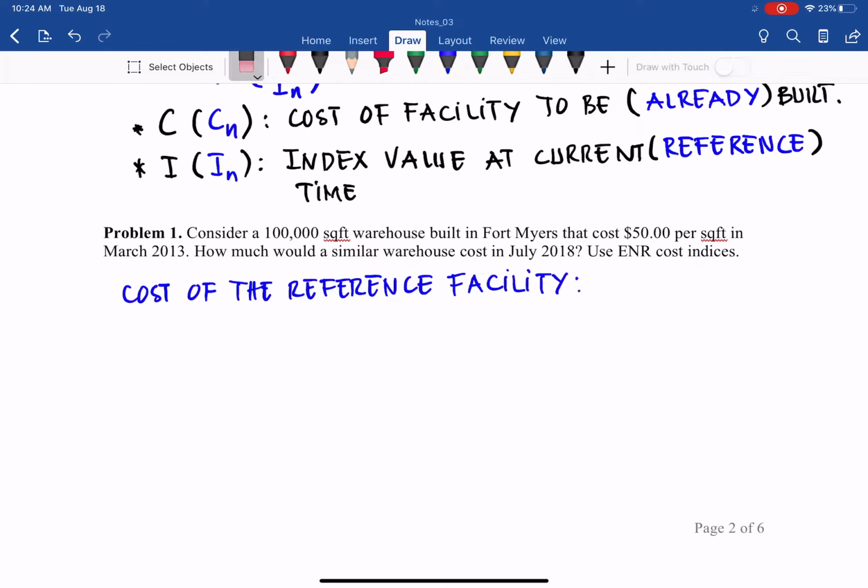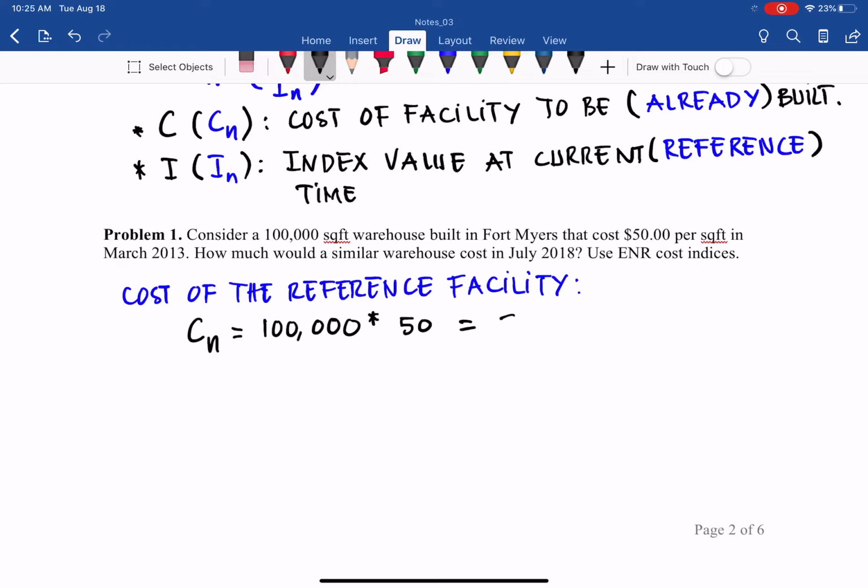In that case, we have Cn, standing for reference. We have a similar square footage, 10,000 square foot, and each square foot is $50 per square foot. So from that we have that the reference project is $5 million. And then from that Cn, and with the index, we can determine the cost of the new facility.